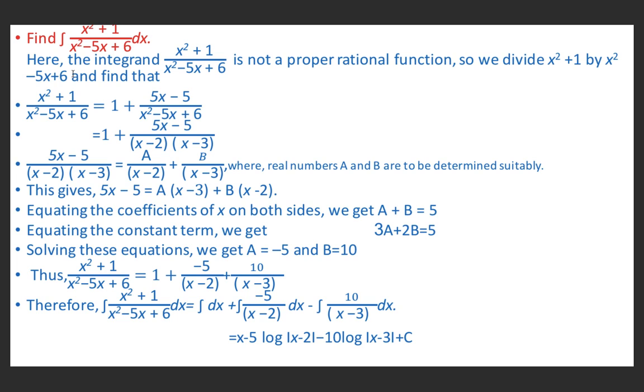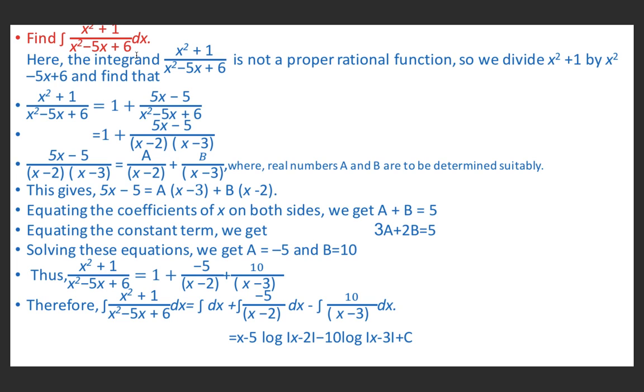It means it is not a proper rational function, because it is a proper rational function only if the degree of the polynomial in the numerator is less than the degree of the polynomial in the denominator. If the degrees are equal, or the numerator degree is more than the denominator degree, then we first make it a proper rational function.